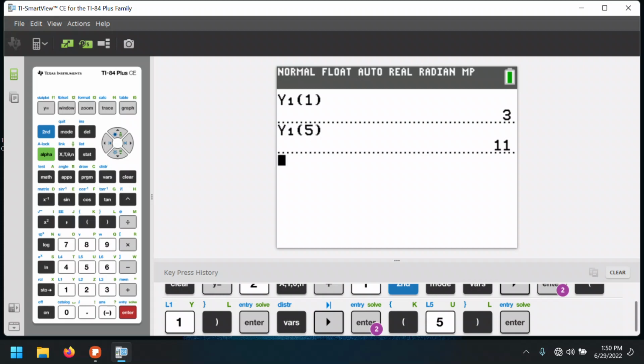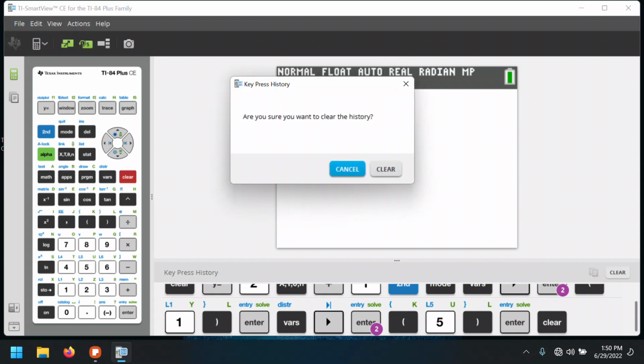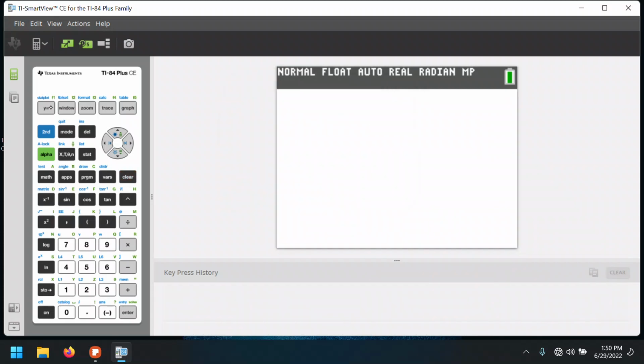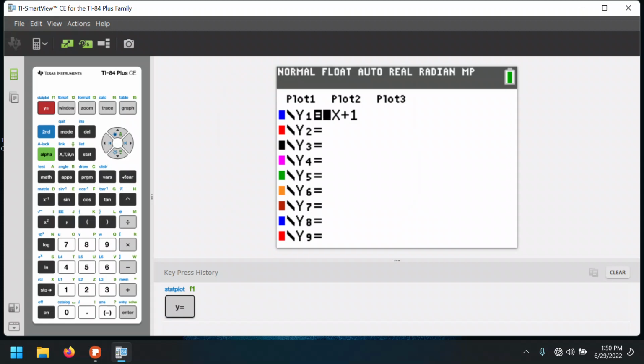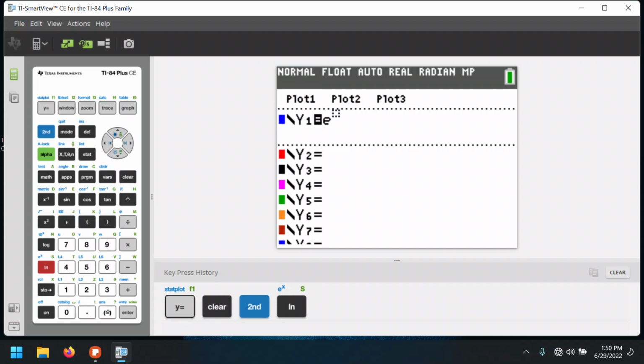Let me clear all this, and let's go with the actual function that we want. That was second ln to get the exponential function, negative 0.1 x squared.